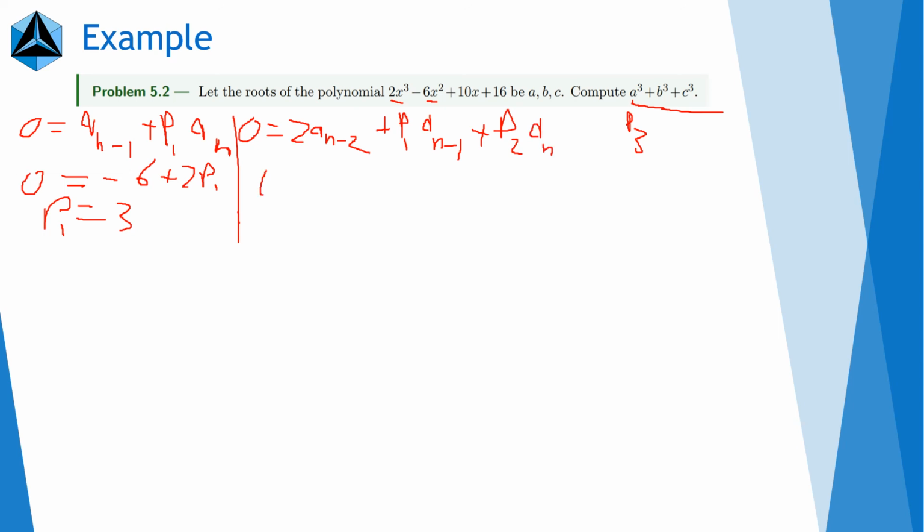So this is 0 is equal to 20 plus, since p1 is equal to 3, a sub n minus 1 is equal to negative 6, so this is negative 18, plus 2p2. And so this means that p2 is equal to negative 1.